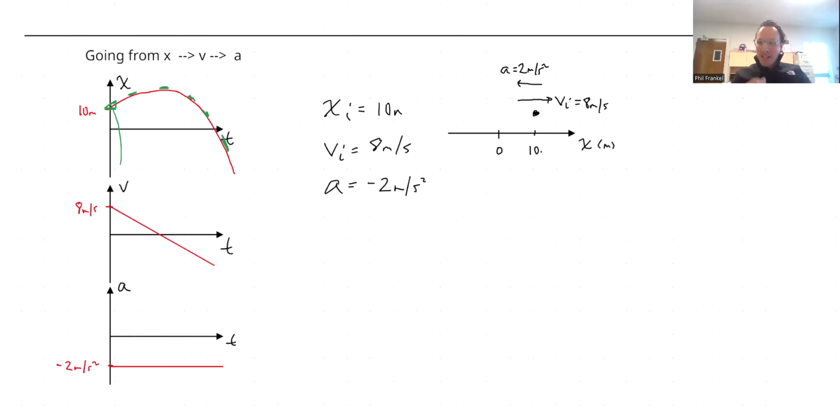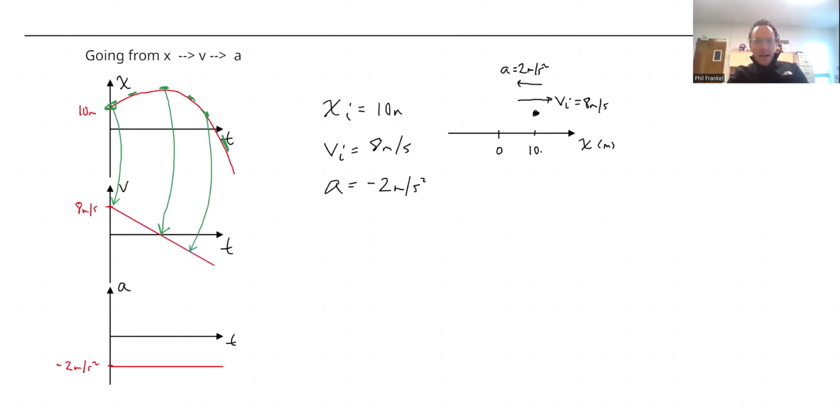The slope here is 0, which corresponds to a velocity of 0 meters per second. Here we have a negative slope, and that corresponds down below to a negative velocity value.